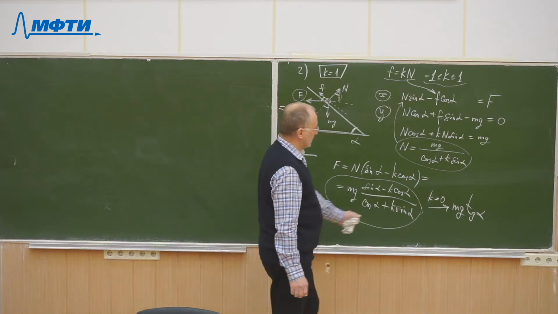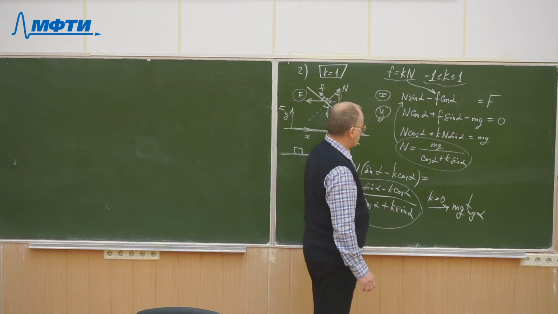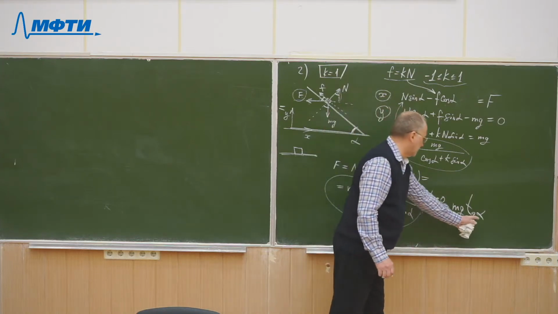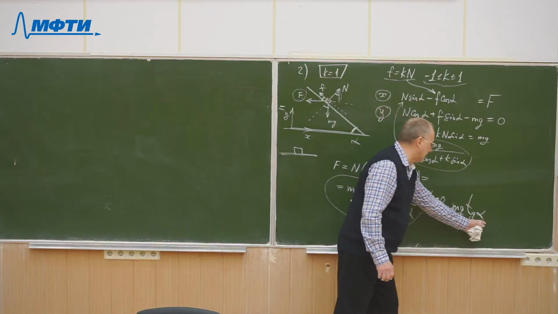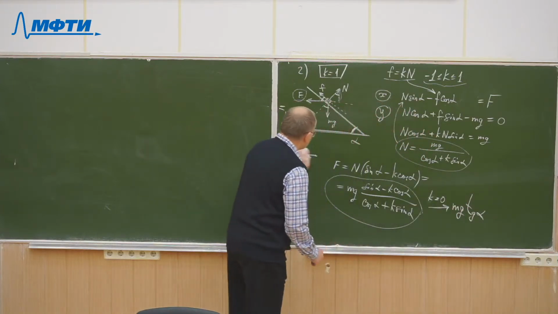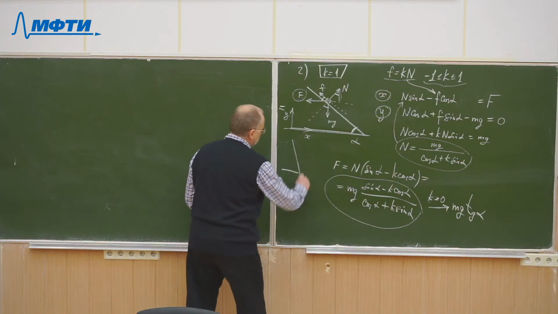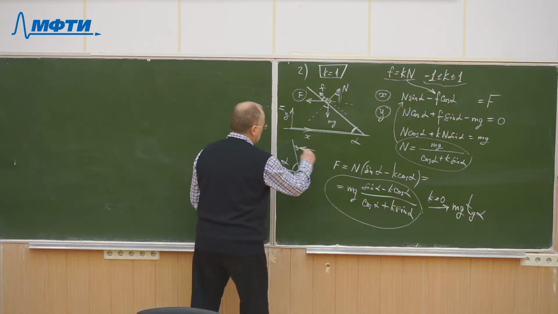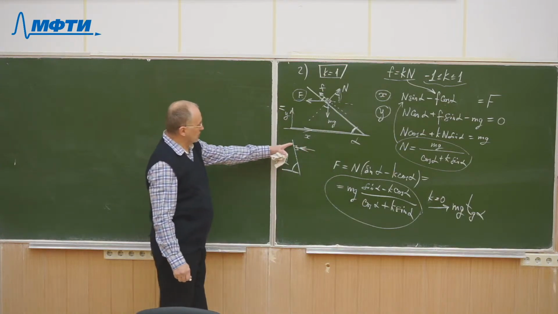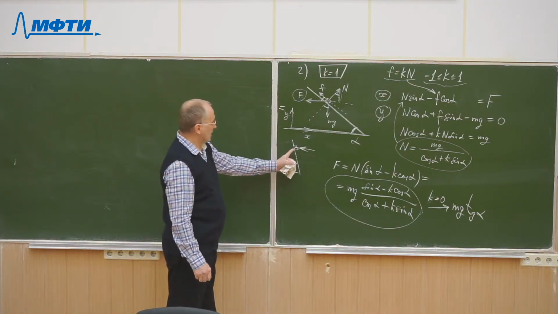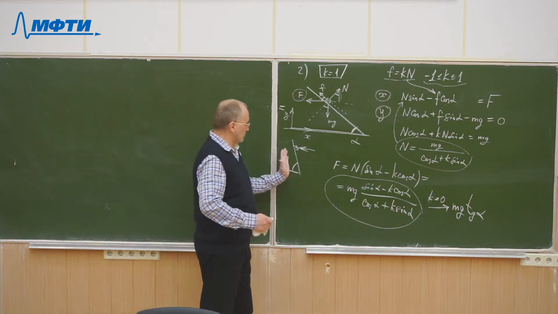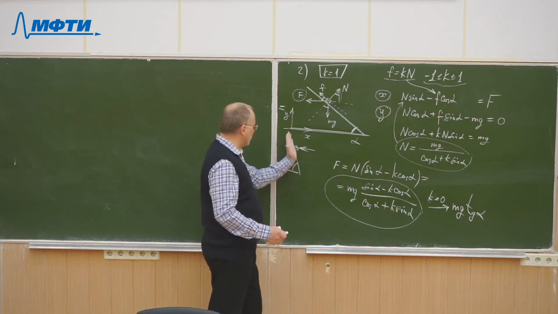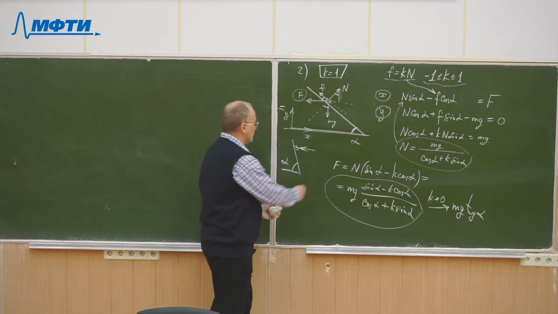For example, if alpha is increased up to 90 degrees, so alpha is here and the body is here, and we need to exert such a force that the body is at rest. It's obvious from intuition that the larger the angle, the closer this surface is to the vertical, the larger the force should be.